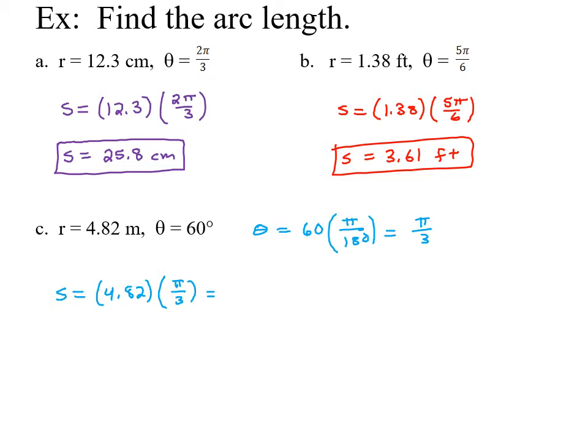So 4.82 times pi divided by 3 gives me about 5.05. This has 2 decimals, so I'll go 2 decimals, 5.05 meters. Or close enough.